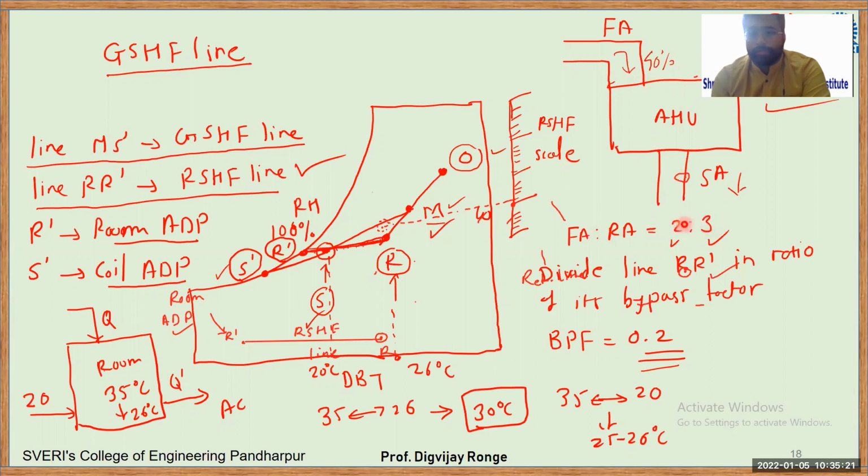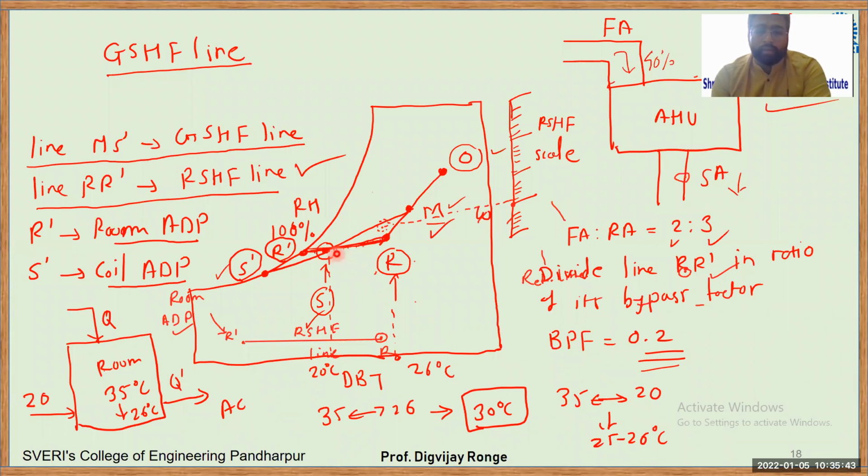Now see here, if you don't know the coil ADP, but you know the bypass factor, what do you have to do? First, you have to draw the R dash line, and divide this line according to the bypass factor. Let us say the bypass factor is 0.15.